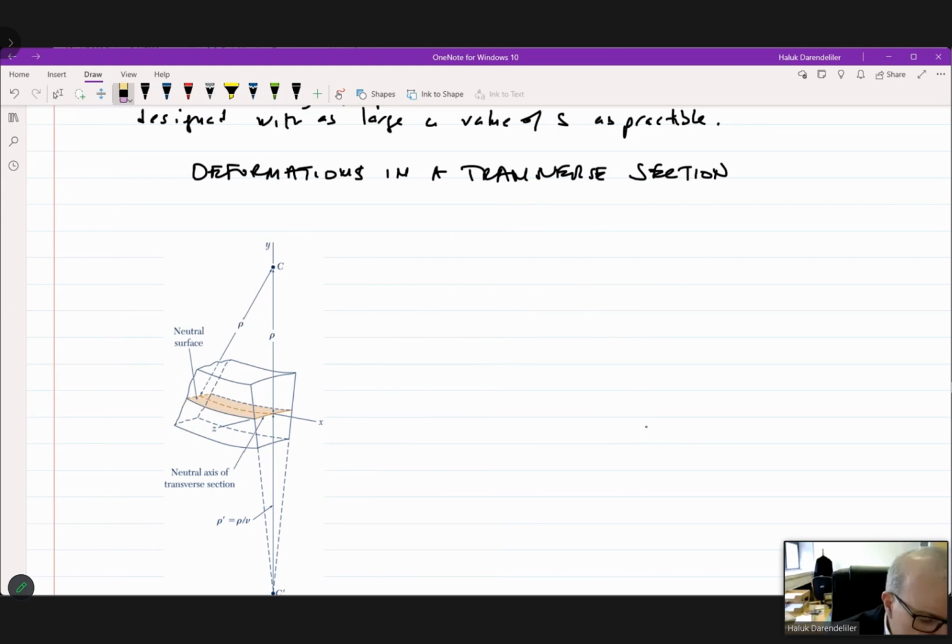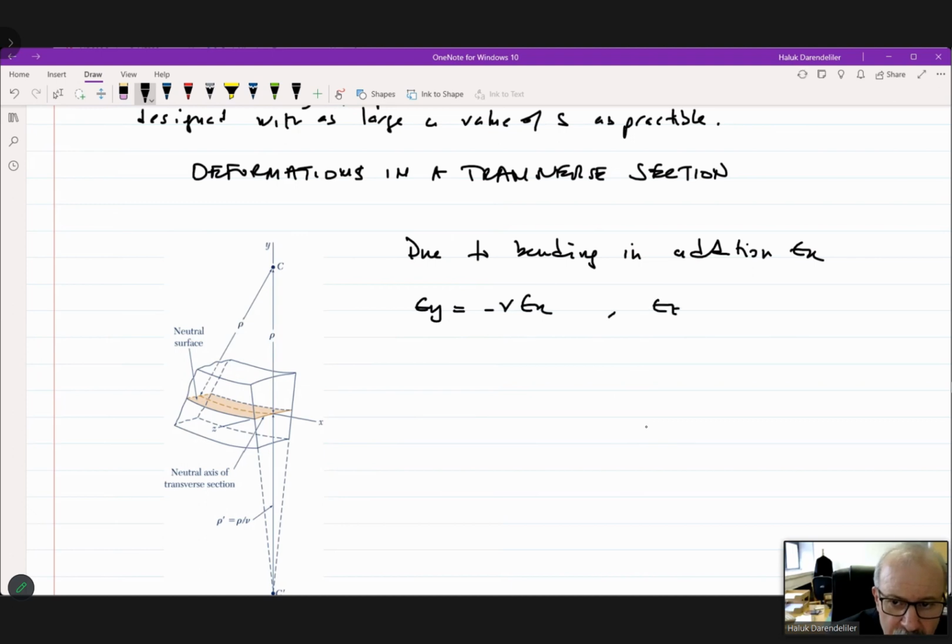However, because of this deformation, now look, the basic strain is epsilon x, but since due to bending we also have transverse strains from Poisson's ratio, in addition to epsilon x, which is our measured strain due to bending, we have epsilon y, which is equal to minus nu times epsilon x. And we have epsilon z, which is equal to minus nu times epsilon x.